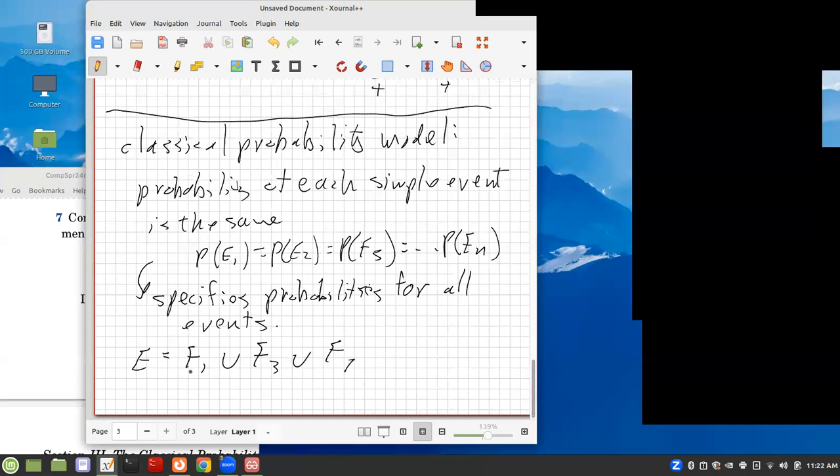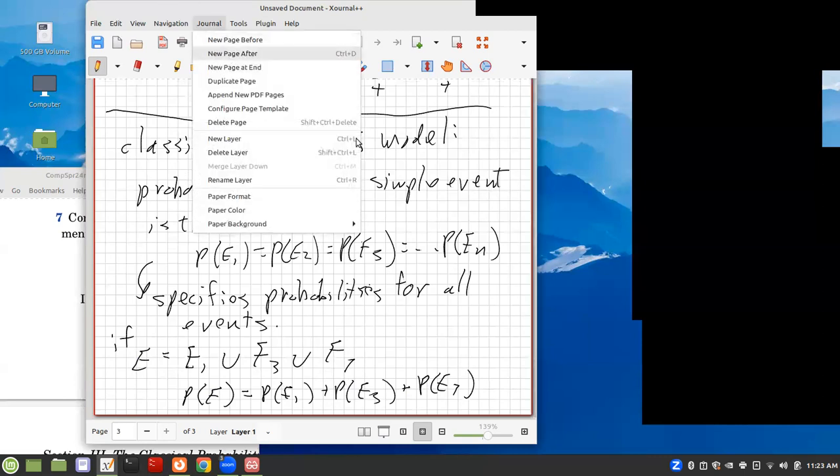Because an event is a subset, it has certain elements in it, so it can be viewed as that union. So the probability of E is going to equal the probability of E1 plus the probability of E3 plus the probability of E7 for this case. So you specify any event, and if you've specified the classical probability model, then you can write the probability of an event as a sum of simple ones.